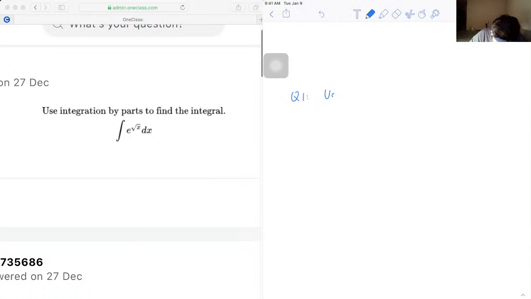Q1, we need to use integration by parts to find the integral of e to the exponent of root x dx.